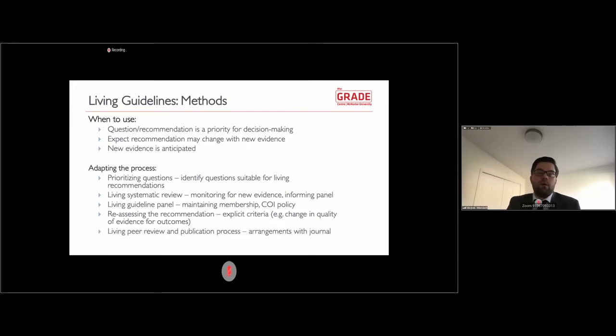And for reporting, we need a living peer review and publication process, which would include making arrangements with the publication journal, making arrangements for peer review and internal review for the living process as the recommendation and evidence are updated in each iteration of the living guidelines. We would need to implement the peer review process at those stages as well. So these are the main considerations in adapting the process to producing living guidelines.